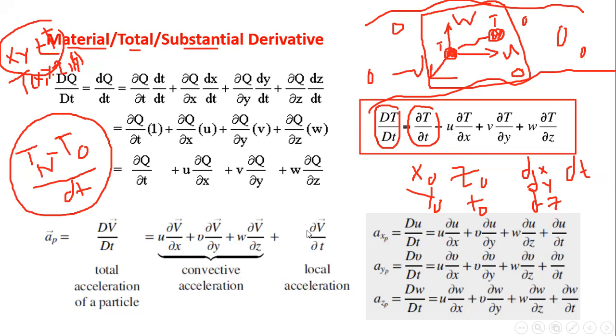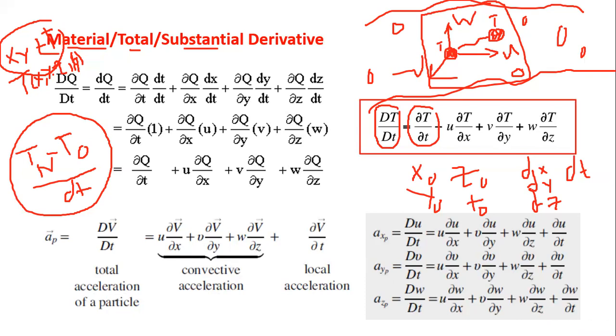The term partial v partial t represents what is called the local acceleration, which is a change in the velocity with respect to time. The change considering the velocity changes with the space coordinates is called the convective acceleration. So the total acceleration of a fluid particle is the sum of the local acceleration and the convective acceleration.